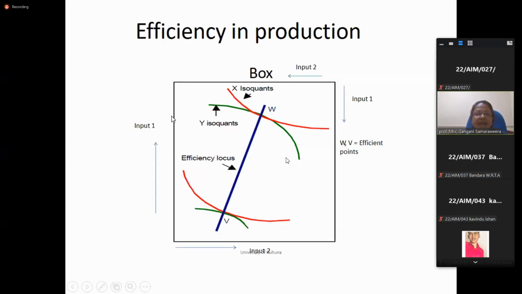Now, red and this input 1, input 2, clear? Yes, ma'am. Okay. Then use the same one. Input 2 means here input 2 same. Here input 2 same. Just put this one on this one to make a square.